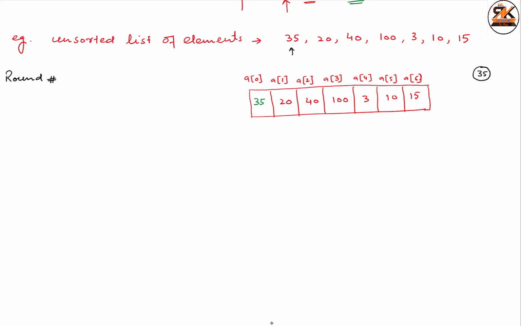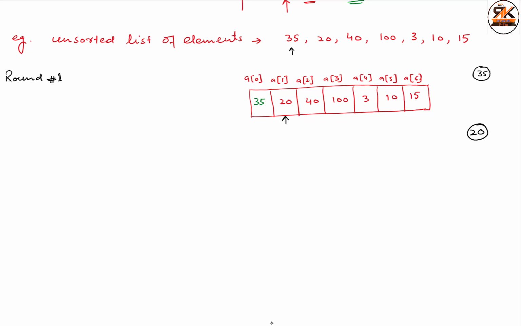Now in round 1, out of this unsorted list, we will take out the second element, that is at position A1, and it has a value 20, and this 20 is compared with the element at position A0 in the sorted sublist. That is, this 20 will be compared with 35, and yes, 20 is less than 35.